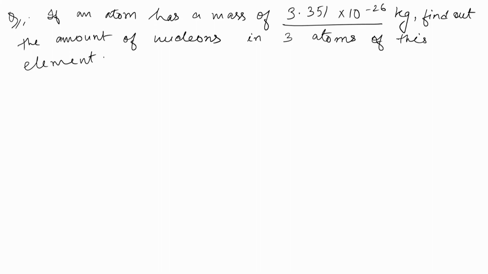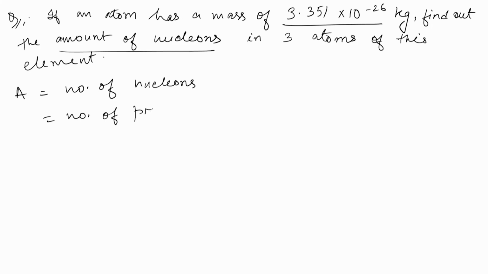So, we need to find out the number of nucleons, that is the total number of protons and neutrons. Okay. So, A is equal to the number of nucleons, which is equal to the number of protons plus the number of neutrons.